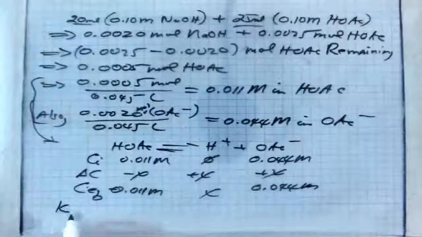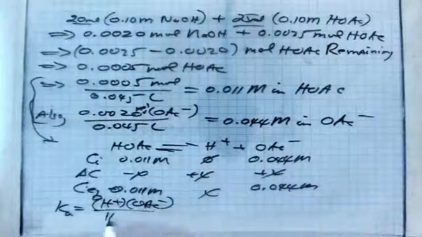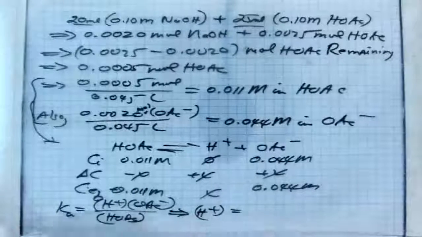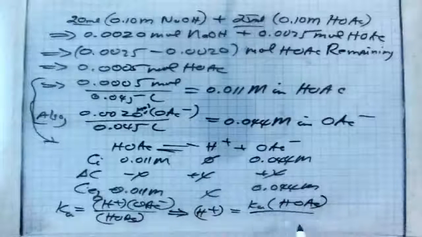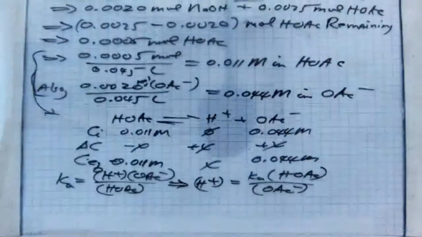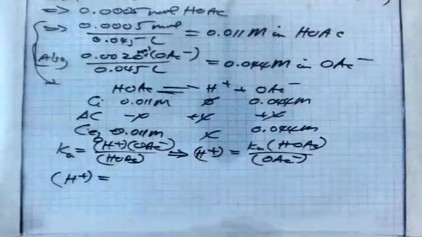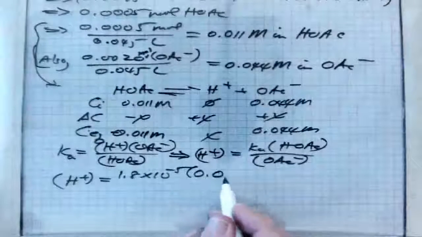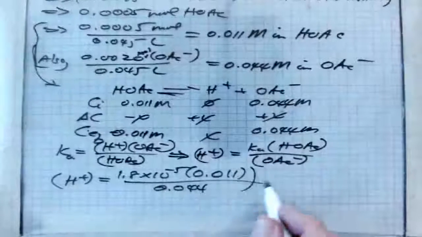So Ka, so hydrogen after 20 mils is 1.8 times 10 to the minus 5, times 0.011 over 0.044 molar.